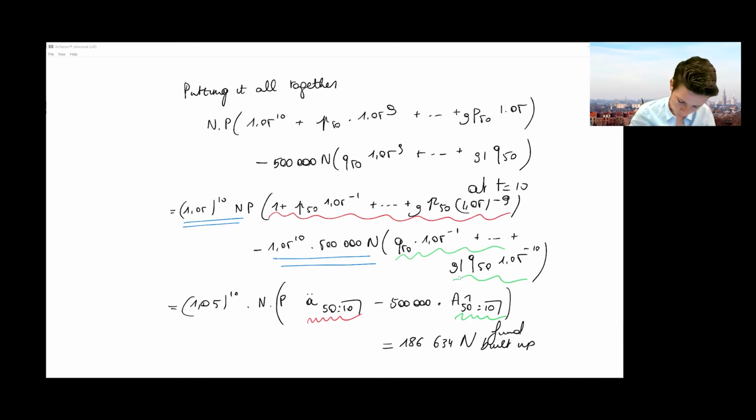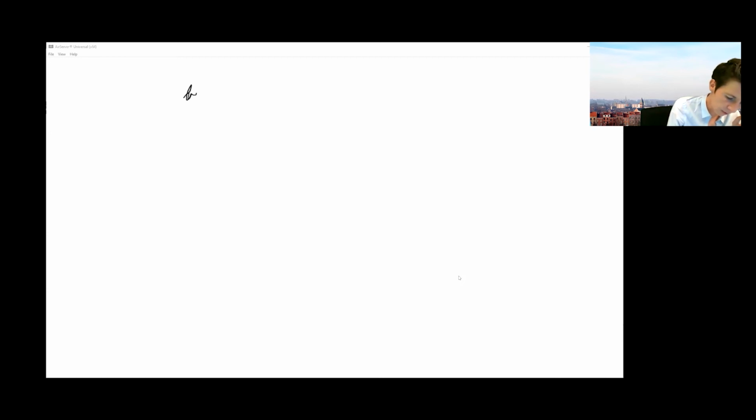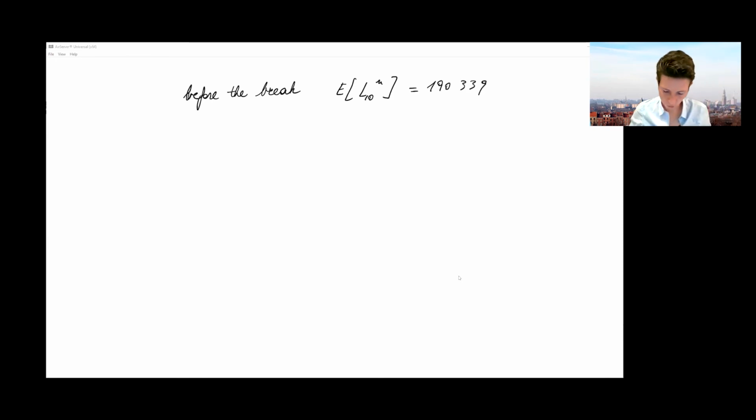So before the break, we said that the prospectively calculated policy value, the expected value of L10, or I should better write L10N, for this particular contract was about, what was it again? 190,339 euros.